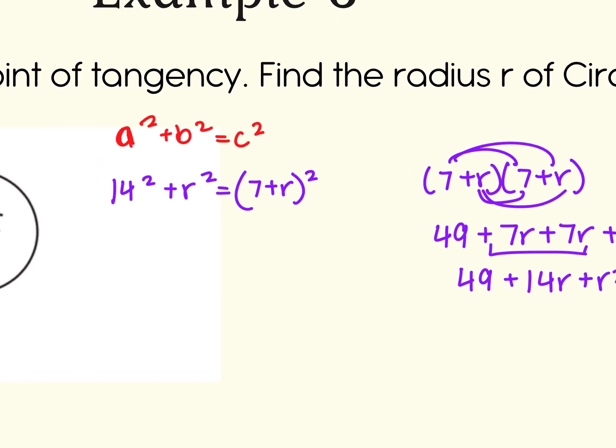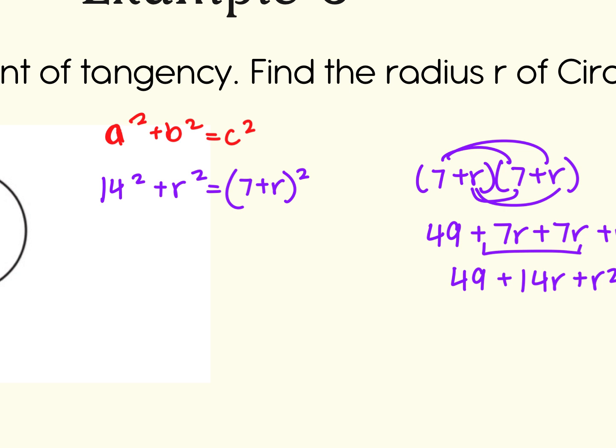And then I'm going to go ahead and plug it in right here. 14 squared, I'm going to get 196 plus R squared equals 49 plus 14R plus R squared.